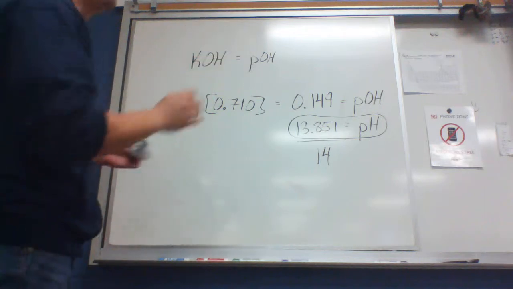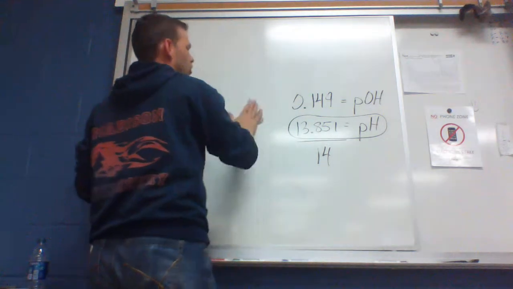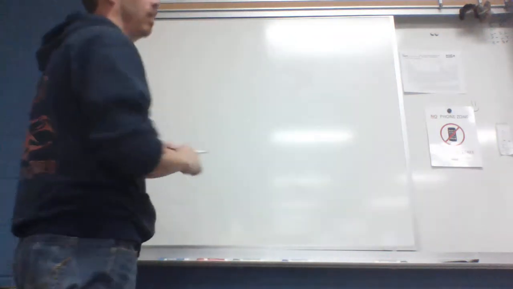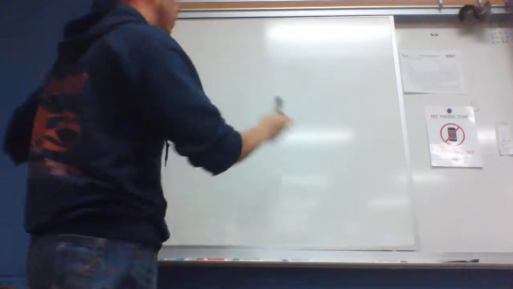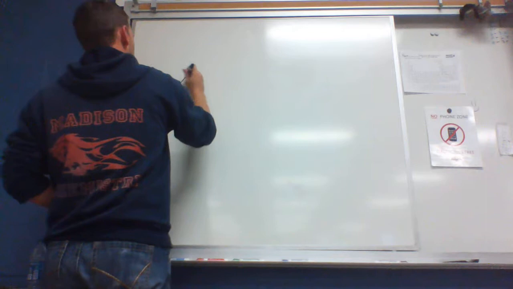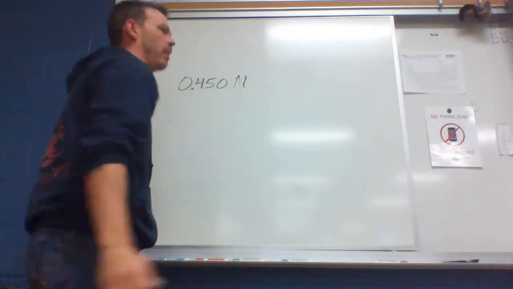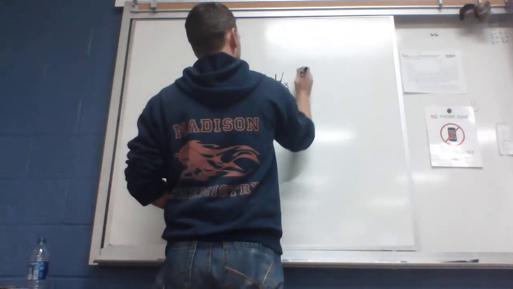Now, the second one is still strong because it's referring directly to hydronium and hydroxide. This one I did alter quite a bit from the slides, but it's using the same value. It gives you 0.450 as a molarity of H3O plus.